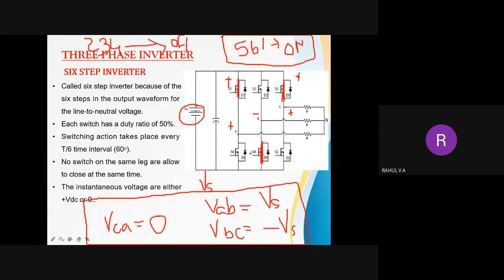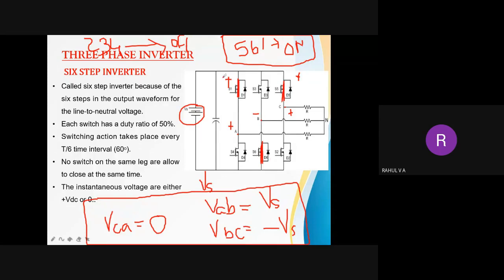Now if you measure the voltage across each phase, that is AB, BC and CA, the voltage between A and B is equal to Vs, because it is connected directly to the input supply voltage Vs. This is turned on, so it is positive; this is turned on, so it is negative.